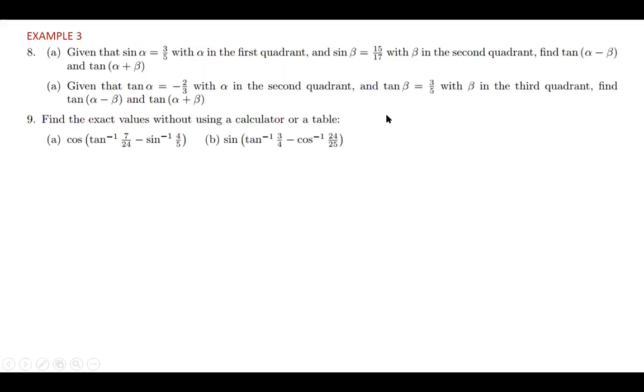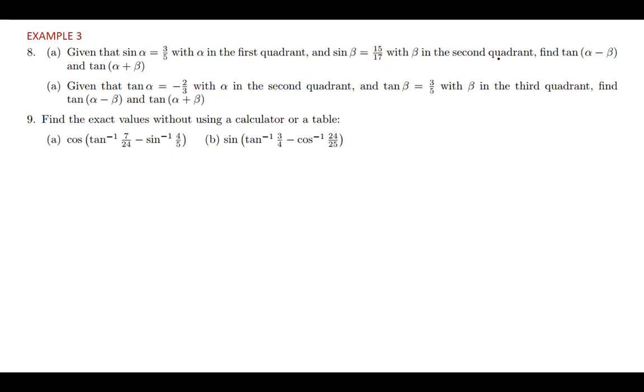So let us now try to solve these. Before the time elapses, let me solve at least one, then we'll come and finish it up in the next session. So given that sine alpha is equal to 3 over 5, and this alpha is in the first quadrant, and then sine beta is 15 over 17, with beta in the second quadrant.